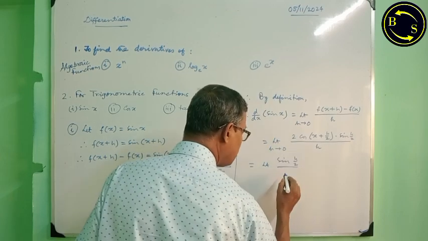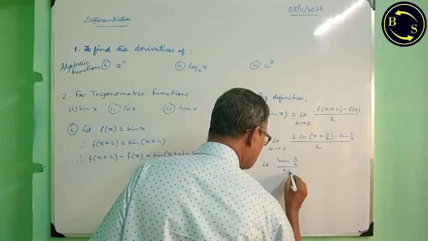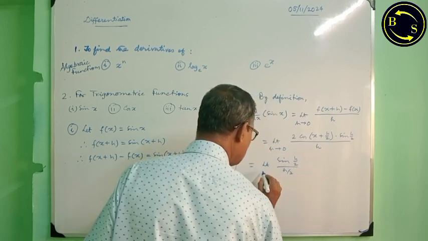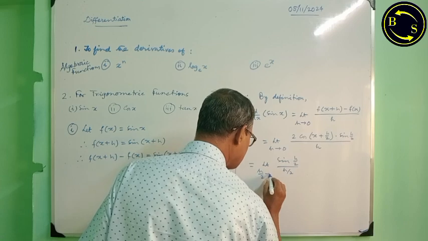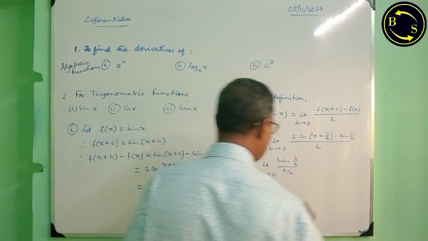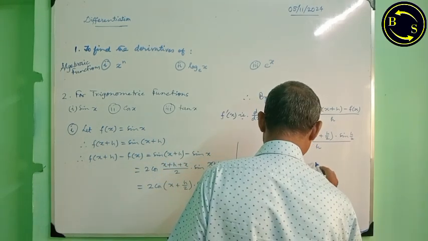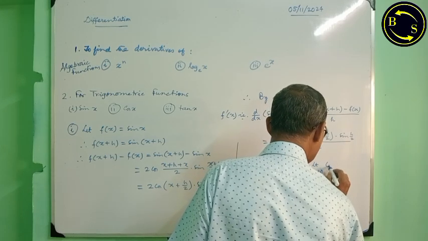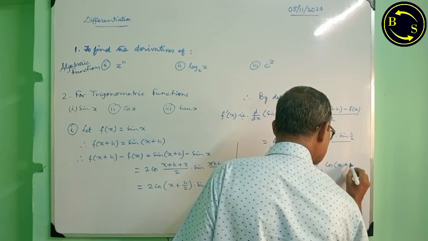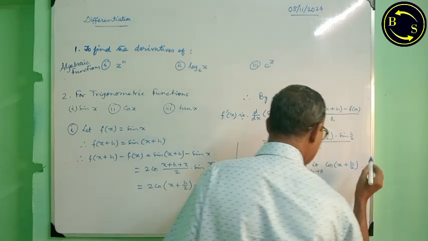Now these 2 can be taken at the denominator of the denominator, and h tends to 0, therefore h by 2 tends to 0, into limit h tends to 0 cos of x plus h by 2.